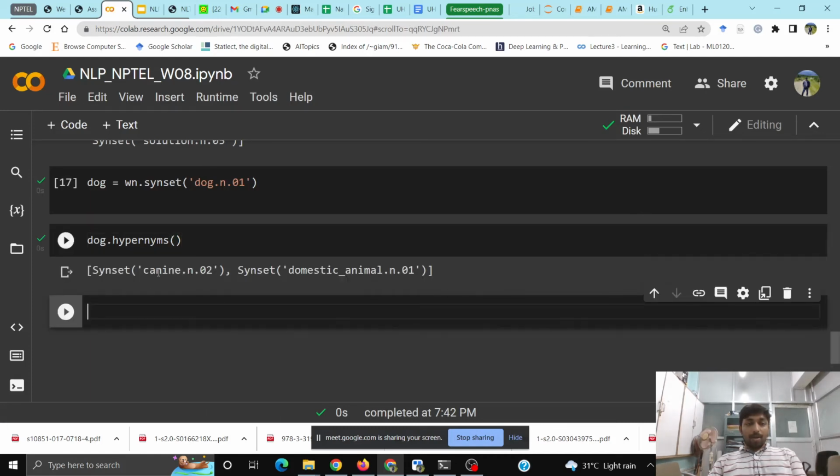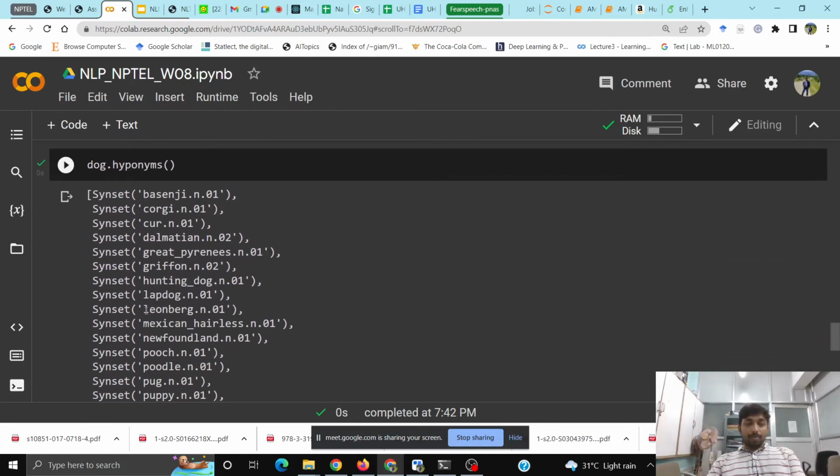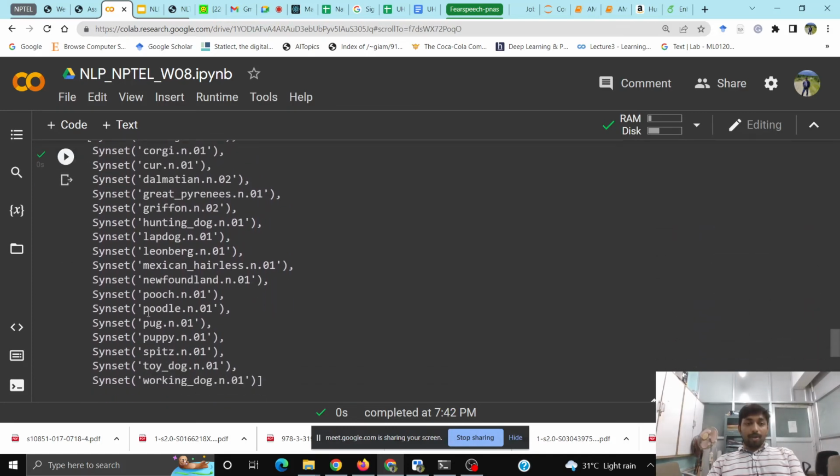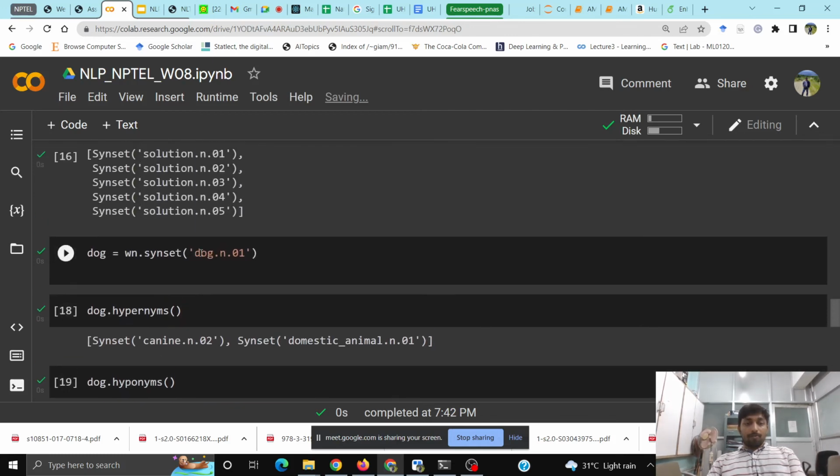You see, canine, domestic animal, etc. And we can also check hyponyms. And there you go, there are different species of dogs that are given.